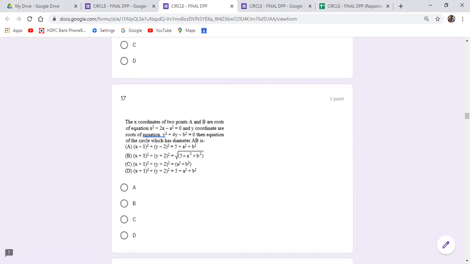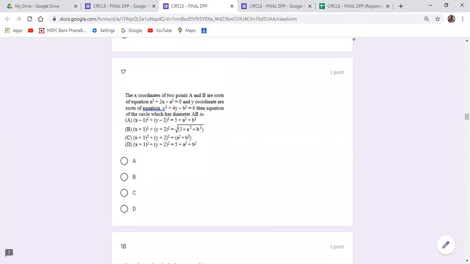The 17th sum. The x coordinates of two points A and B are the roots of this equation. What do you mean by this? You have a circle. Let's say this is the diameter, and A and B are the two points.